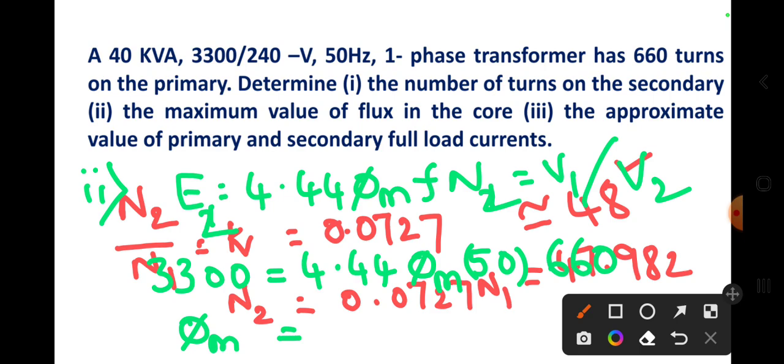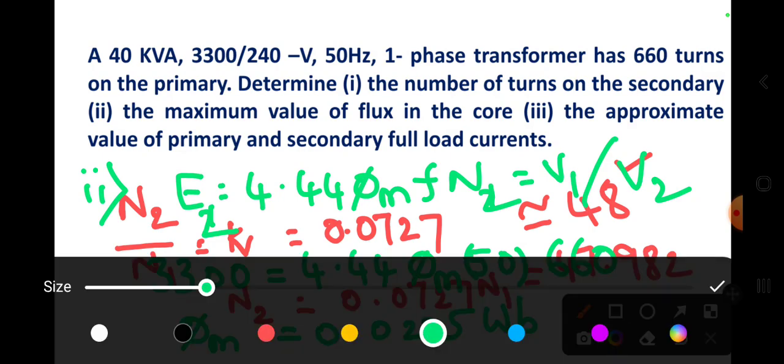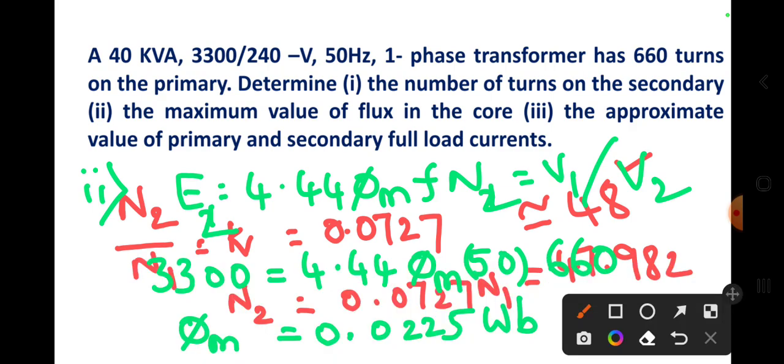The answer will be 0.0225 Webers, or you can also write 22.5 milliwebers. Sorry, milliwebers. The second problem is also over.